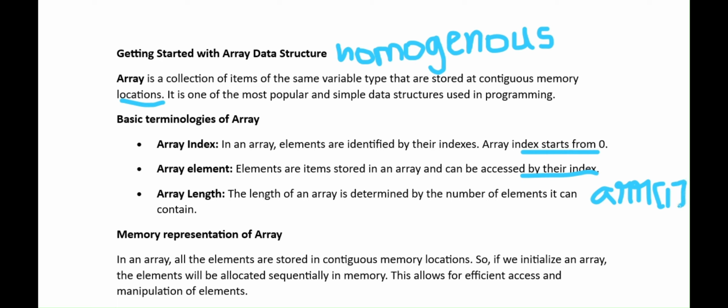If there is an array named arr, then we are accessing an element with the help of index 1. Then we can get the element which is stored at index 1.